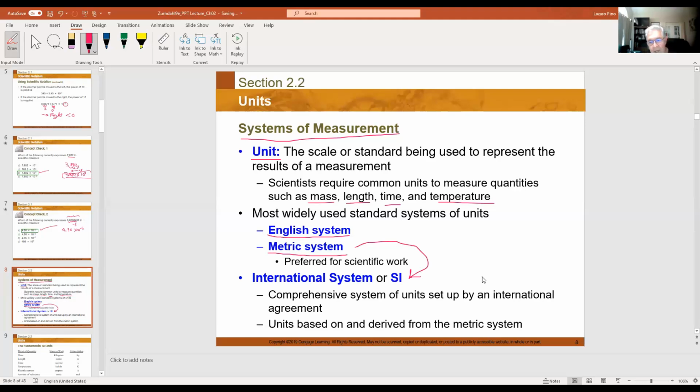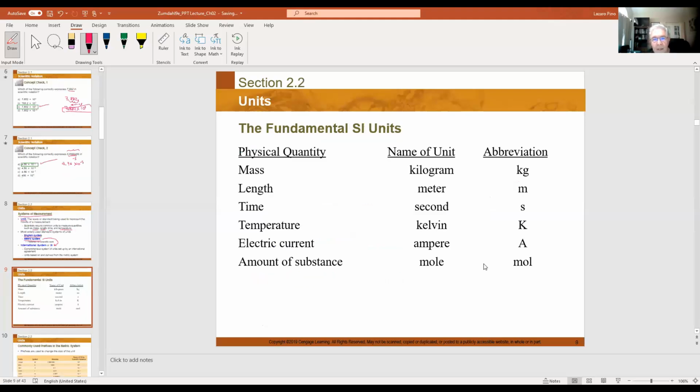The metric system uses the kilogram, the meter, the second, the Kelvin, the ampere, and the mole as fundamental units of mass, length, time, temperature, electric current, and amount of substance.